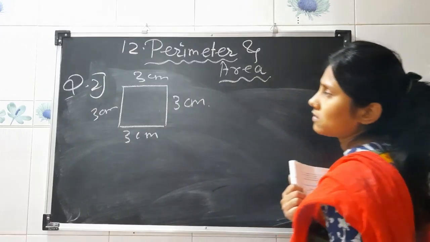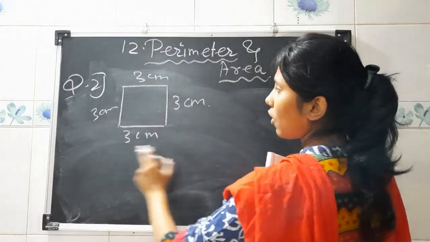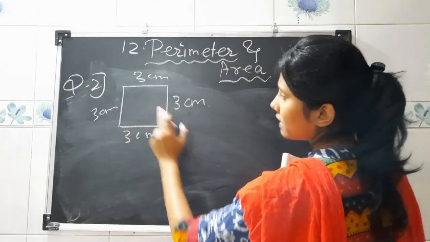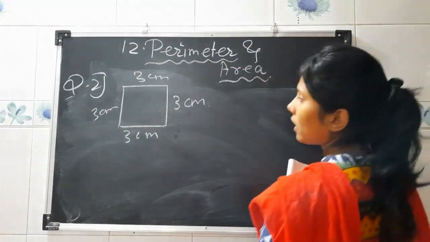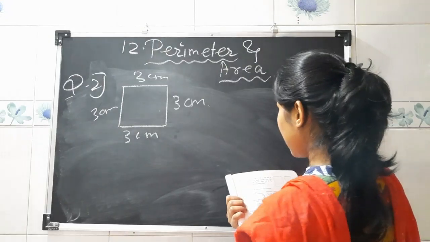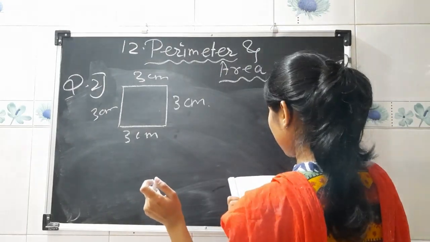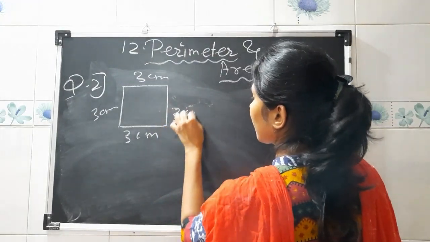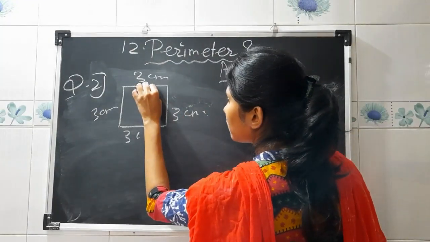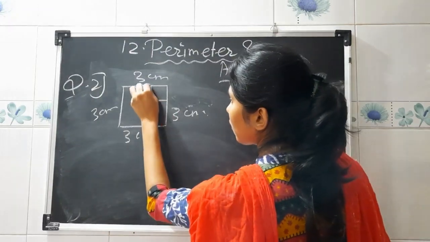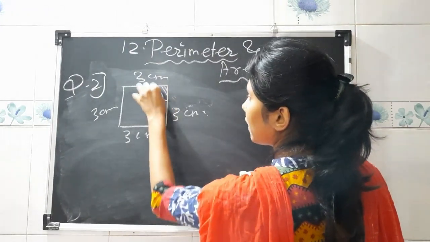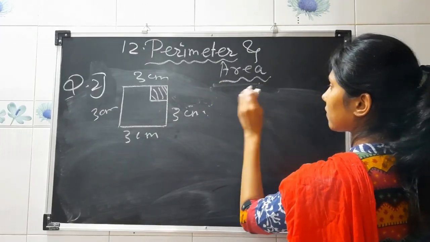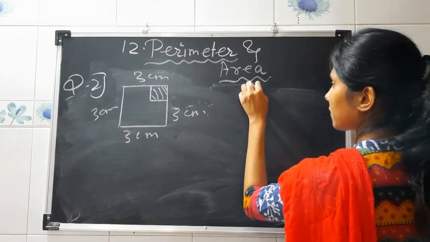A square is a shape having all the sides equal, so all the sides are 3 centimeter. But they have given that a square of 1 centimeter is cut out of the corner, so the figure will look like this.